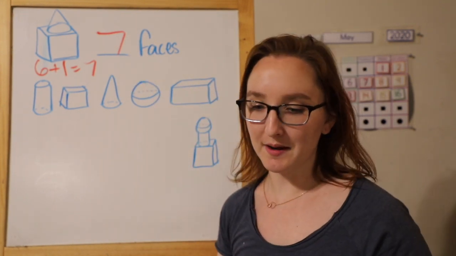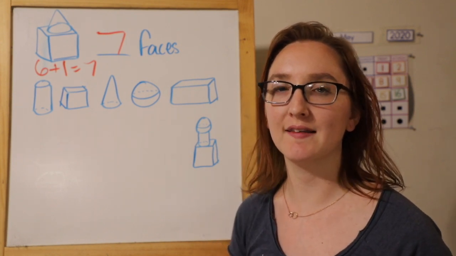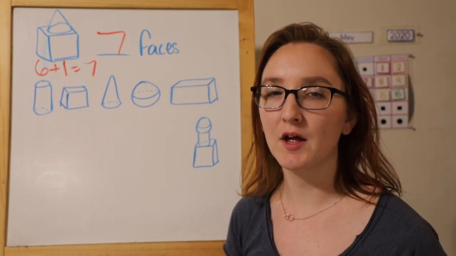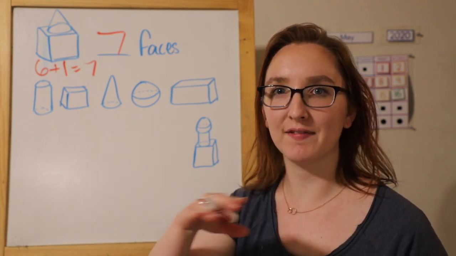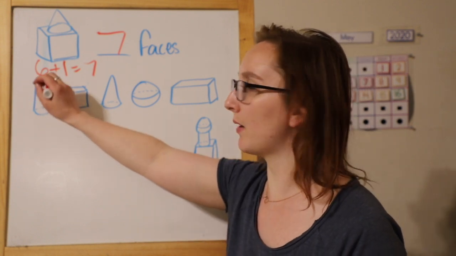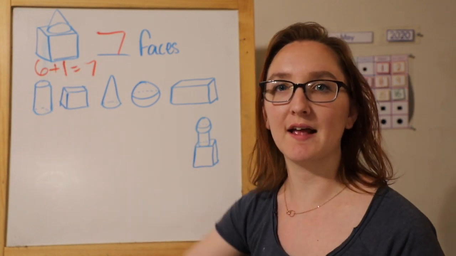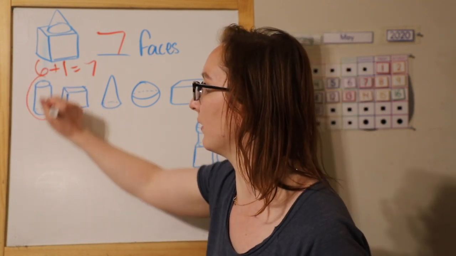Now the next one, number 9, we wanted to circle any of our shapes that you can stack a cube on top of. So in order to stack a cube on top of it, it needs to have a flat face on the top. So my cylinder, I could probably stack a cube on top of it because it has a flat circular face. So I can stack that one.